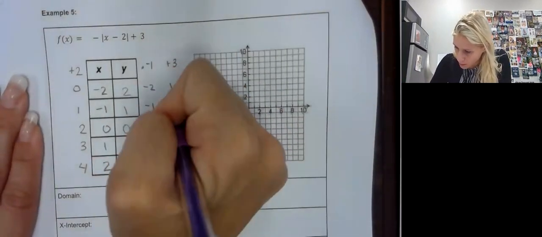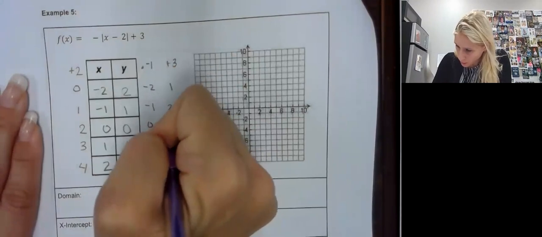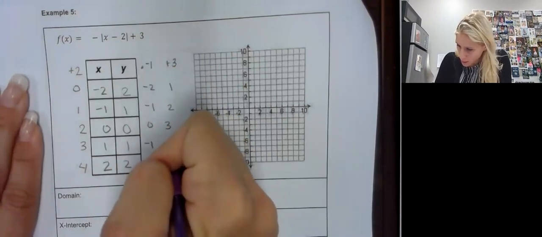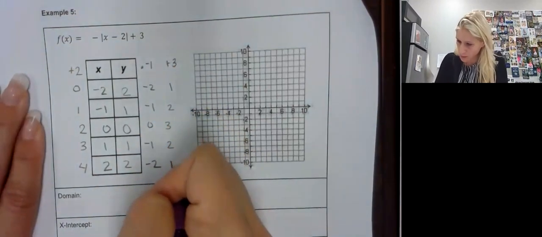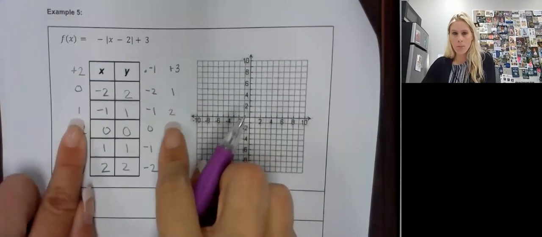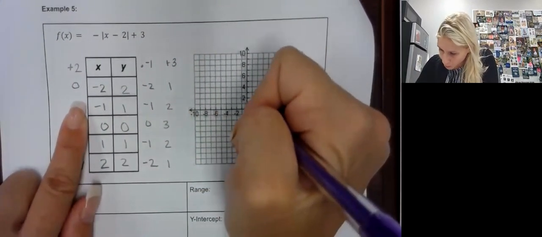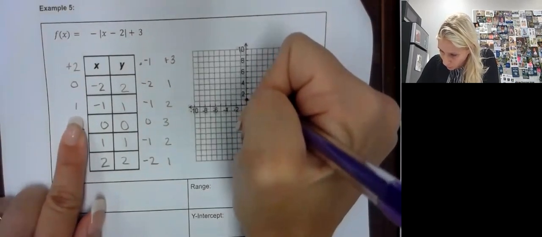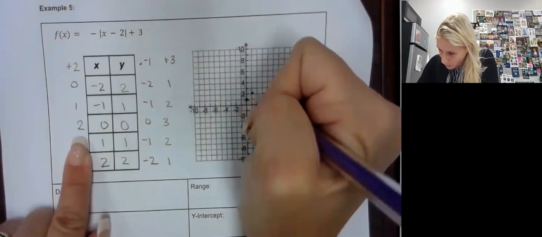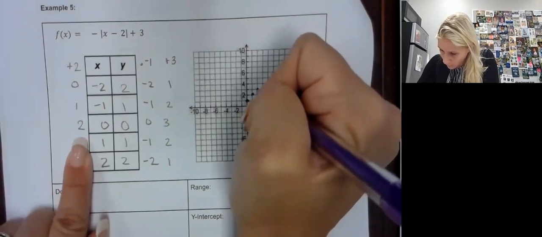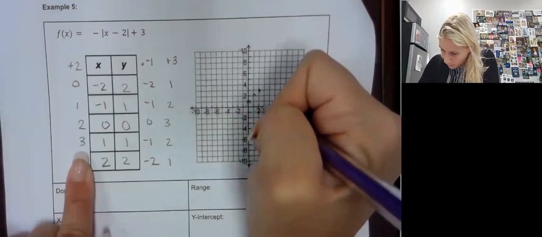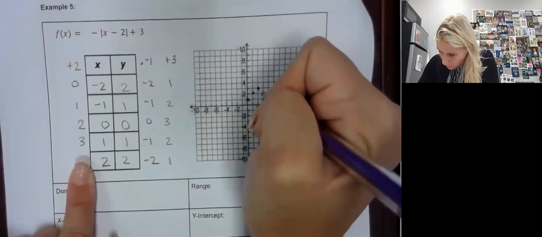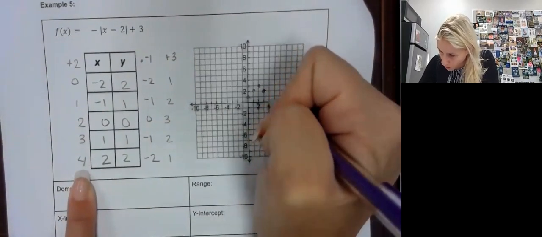We get 1, 2, 3, 2, and 1. So we're going to plot these outer points here. So 0, 1, 1, 2, 2, 3, 3, 2, and 4, 1.